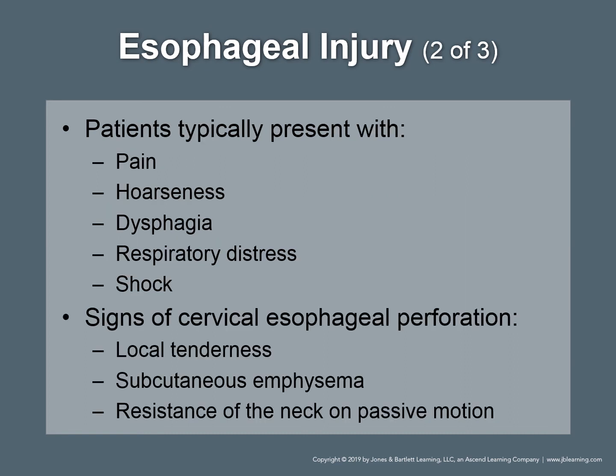The patient will have pain, hoarseness, difficulty swallowing or speaking, respiratory distress, shock. You'll have local tenderness over the area of the esophagus that's broken or perforated. You may have some subcutaneous emphysema, and you may not have good range of motion of the neck with esophageal injuries.